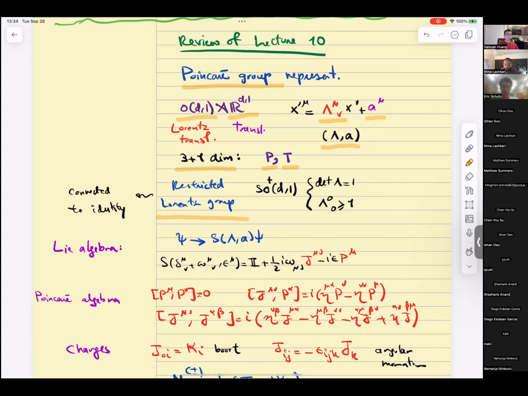We restricted ourselves to the restricted Lorentz group. This is the part of the Lorentz group that is continuously connected to identity. So the determinant is equal to 1, and the 0,0 component of the Lorentz transformation, lambda 0 0, is larger or equal to 1. Are there questions? Okay.